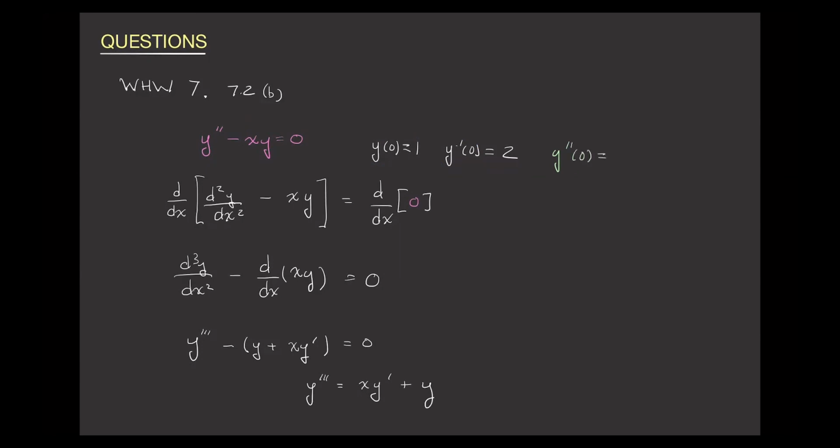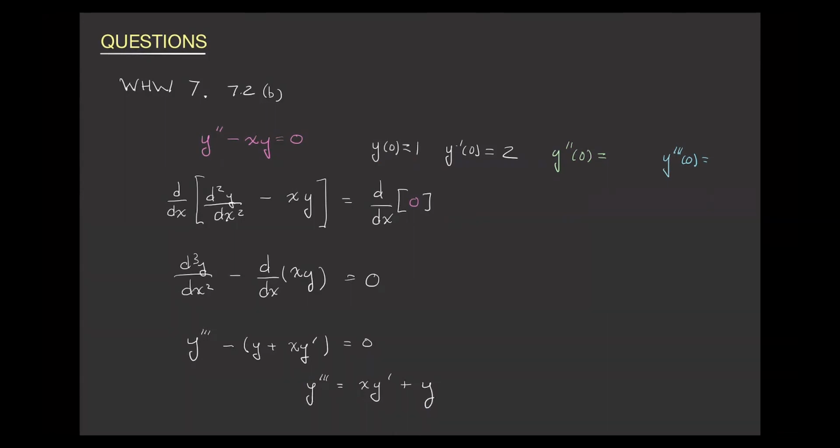Now we're looking at y triple prime of 0 is equal to whatever. So that's the point of these first few steps, to generate more initial value information. And in this particular case, you can now substitute in 0: when x is 0, this term becomes 0, then you have y of 0, and that'll give you y triple prime.